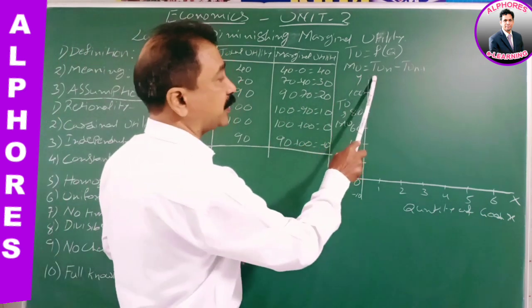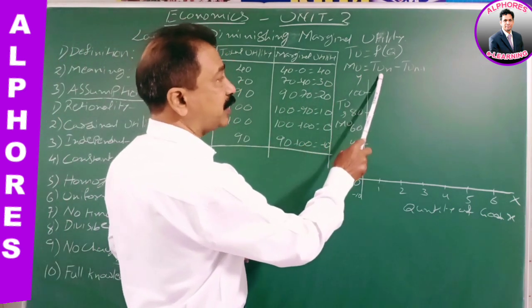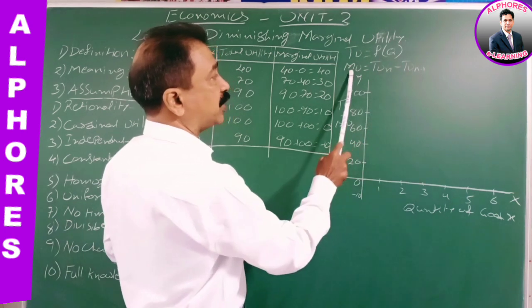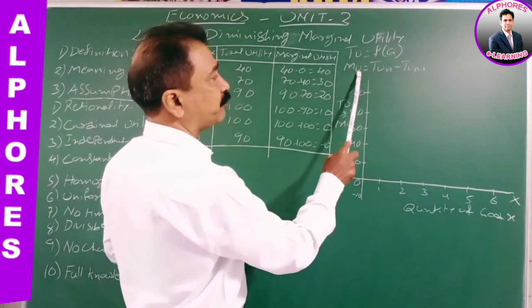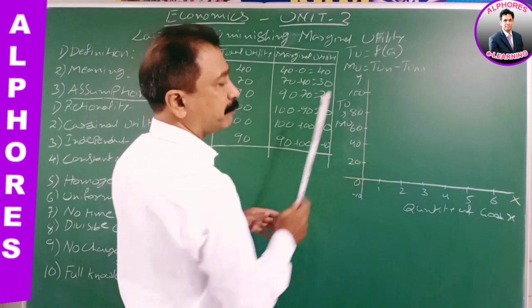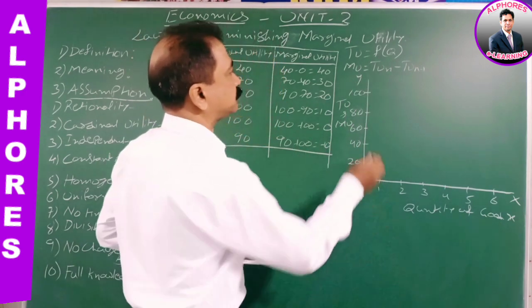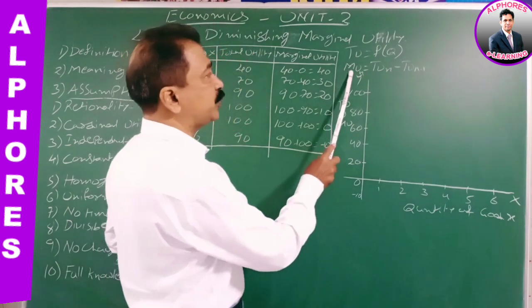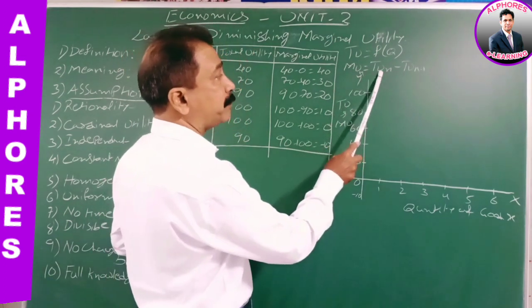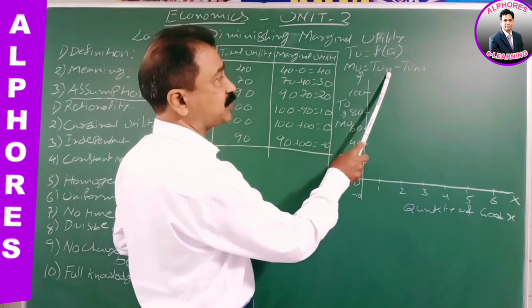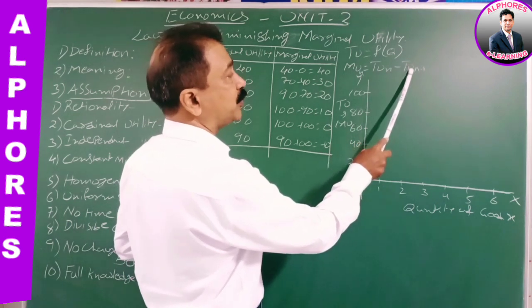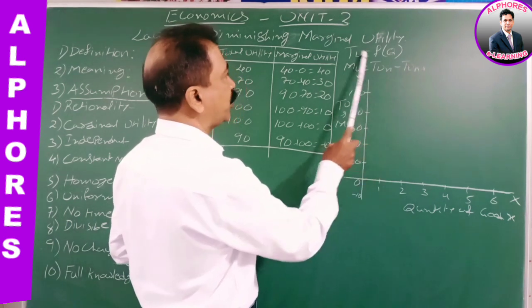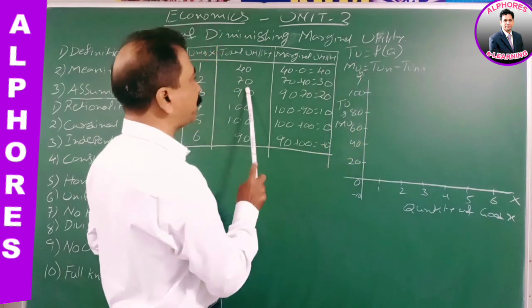But marginal utility depends on present one minus previous one. Marginal utility of the nth commodity is equal to TUn minus TUn-1, that is, present total utility minus previous total utility. Now we are going to see these two laws applied here.